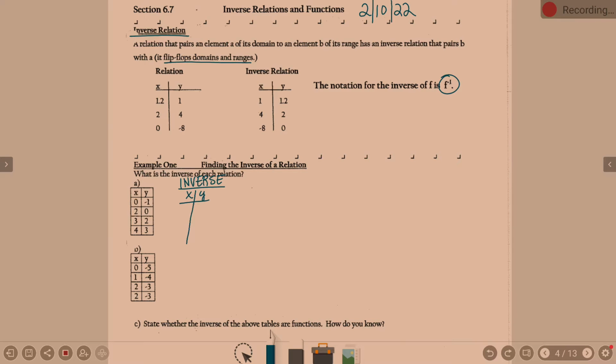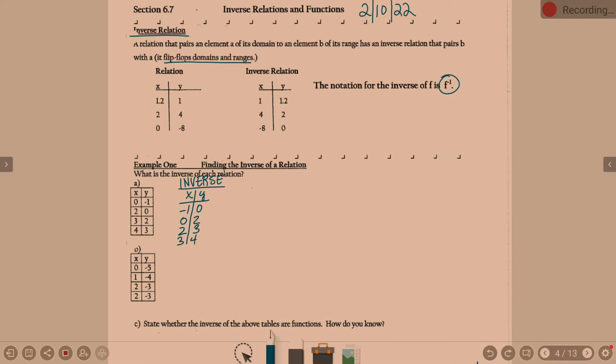If one of my ordered pairs is (0, -1), what's the inverse of (0, -1)? (-1, 0). What's the inverse of (2, 0)? (0, 2). What's the inverse of (3, 2)? (2, 3). And what's the inverse of (4, 3)? (3, 4). Okay, that's the inverse.